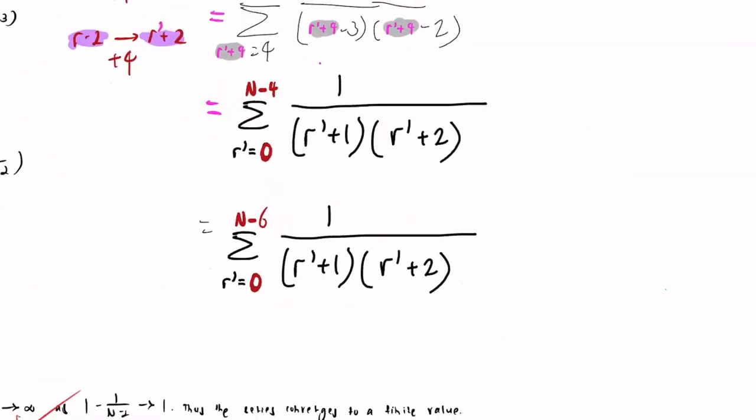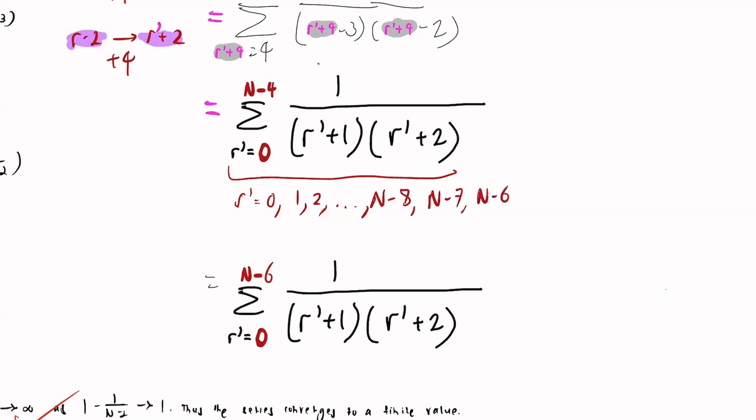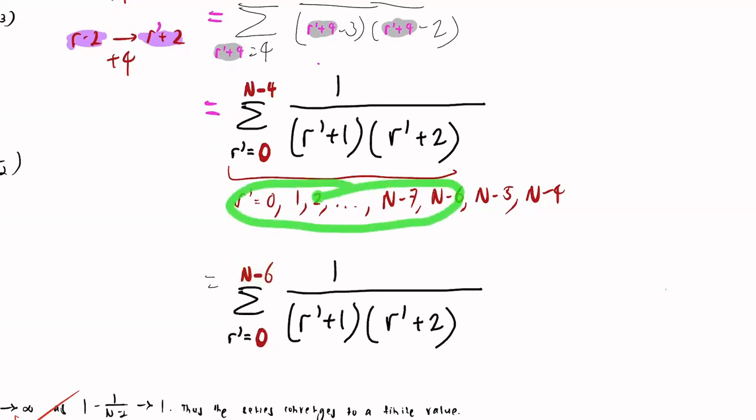This is summation of, maybe if I write it down, r prime equals to 0, 1, 2, until n minus 8, n minus 7, n minus 6, n minus 5, then n minus 4. These are the terms, right? I don't need so many. Just remove the n minus 8, n minus 7, good enough. But here we actually want up to n minus 6 only.